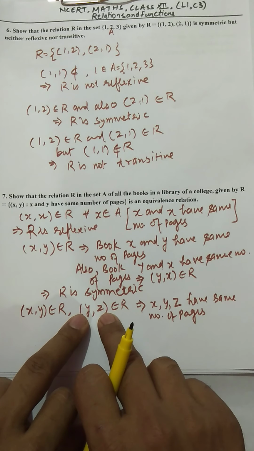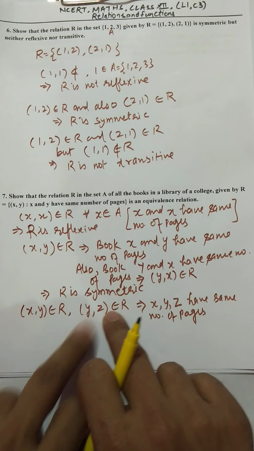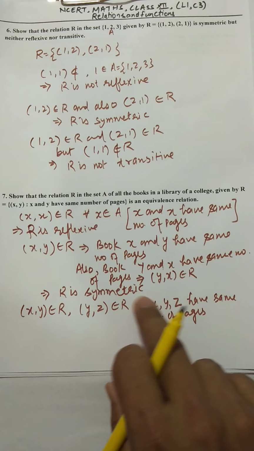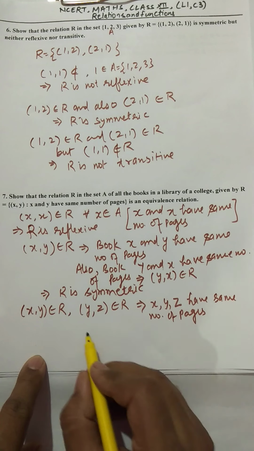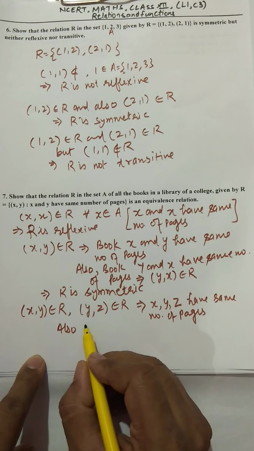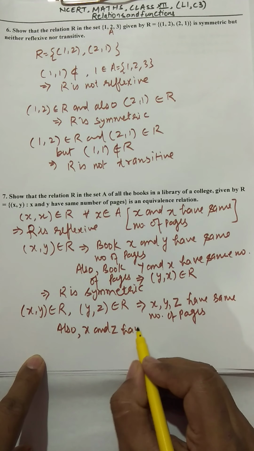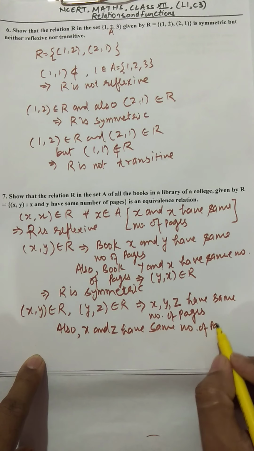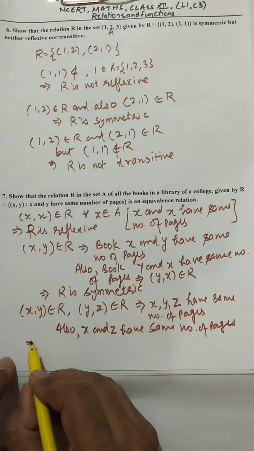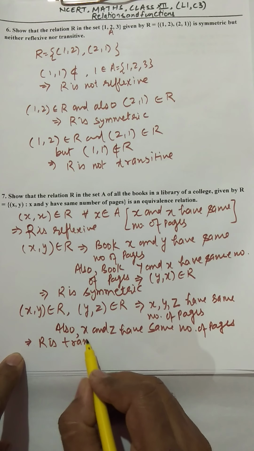And (y, z) belongs to R means the number of pages in book y and the number of pages in book z are the same. So I can say this in one line that x, y, z have the same number of pages. So it implies that x and z have the same number of pages. So it implies that R is transitive.